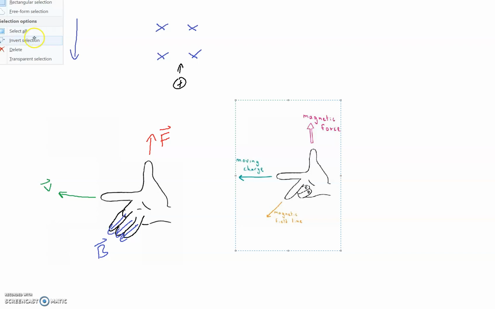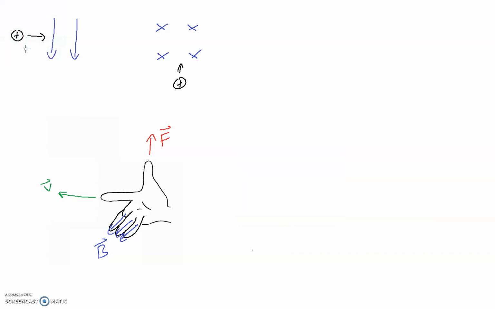Okay, so let's look at the 2 questions that we have up at the top here. For the first one, the proton is coming from the left, so your proton is going towards the left, so this is your velocity vector, which means your gun needs to point to the right.